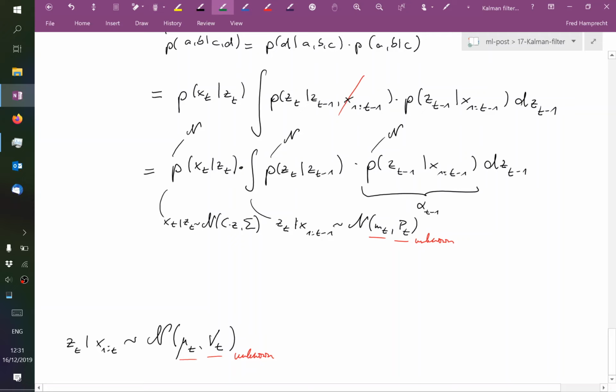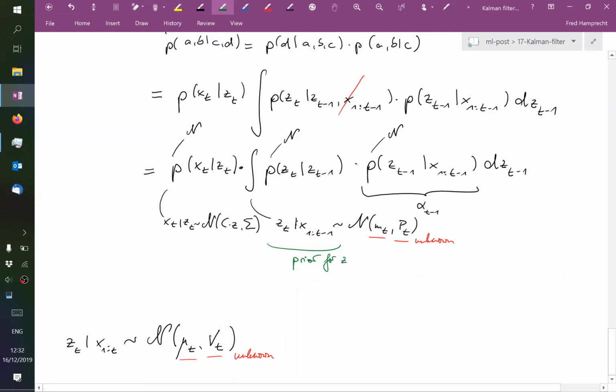So this thing here is after I've started running my variable elimination across some previous time steps. I can argue that this is my prior. It's what I currently believe my hidden state to be, given the previous measurements.